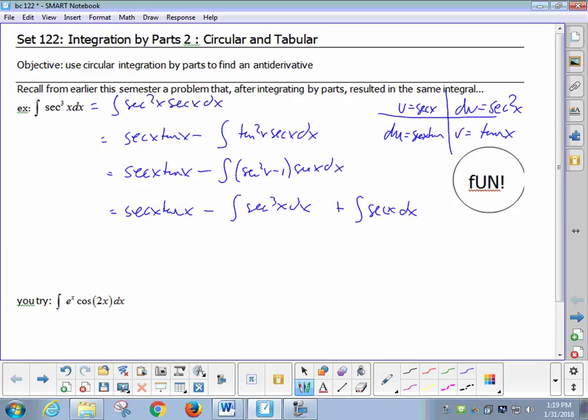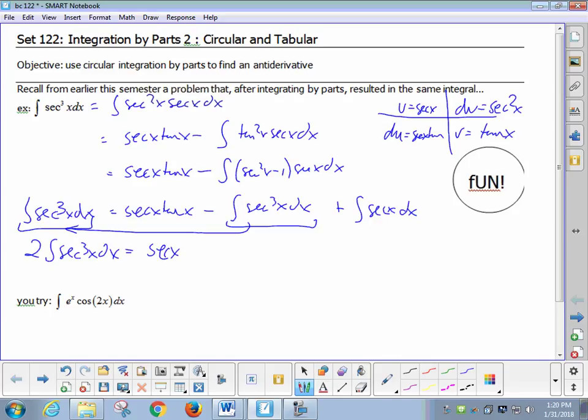Now the whole point of circular integration is that you go in a circle and you get right back to where you started, in a manner of speaking. Secant cubed is still on the left, and so I can move that over and combine it to get two secant cubed. The left side is done. The right side is secant tangent plus, what's the antiderivative of secant?